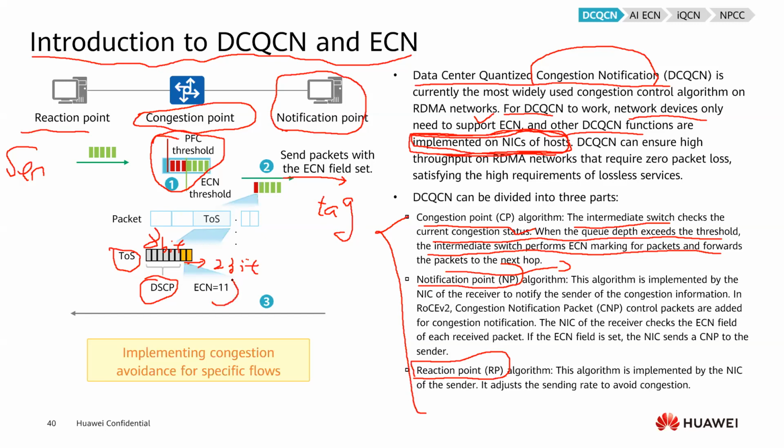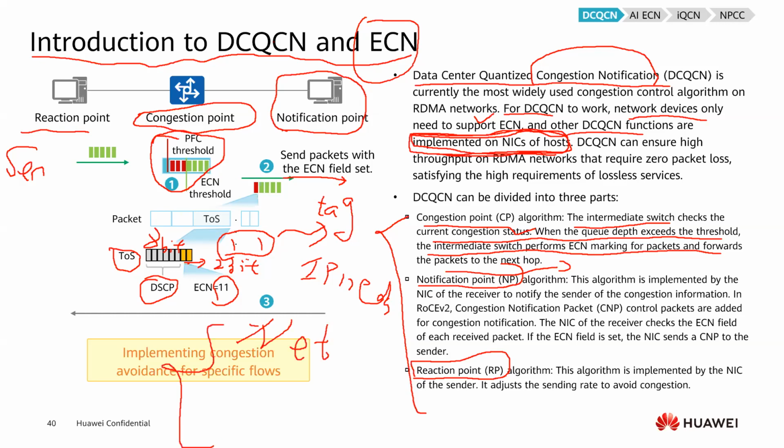If the value of those 2 bits is 1, that means this is a packet with an ECN tag, okay? The ECN tag is located in the IP header, so you can find that ECN is in the network layer.